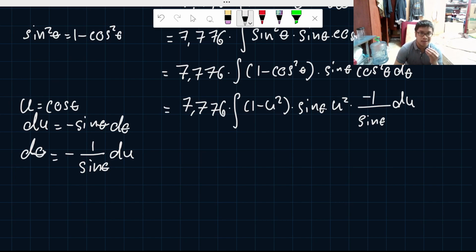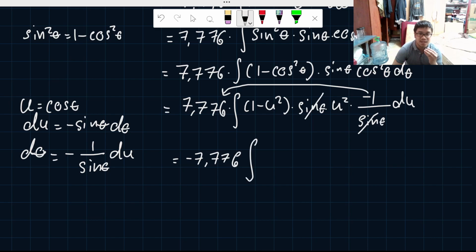So we can simply cancel sine theta, and then this negative one we can just put out since it's a constant. If we put it out and combine it with 7,776, we will have negative 7,776 times the integral of quantity 1 minus u squared times u squared.